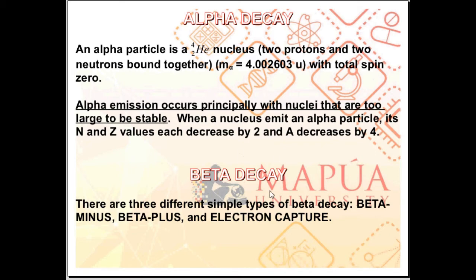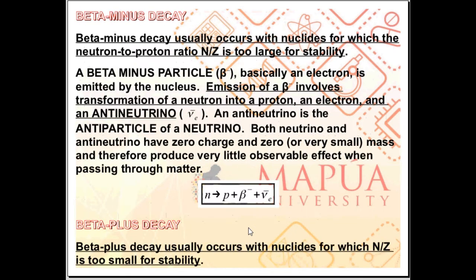On the other hand, beta decay, we have three different types of decay. You have beta minus, beta plus, and electron capture. Beta minus decay usually occurs with nuclides for which the neutron to proton ratio N divided by Z is too large for stability.